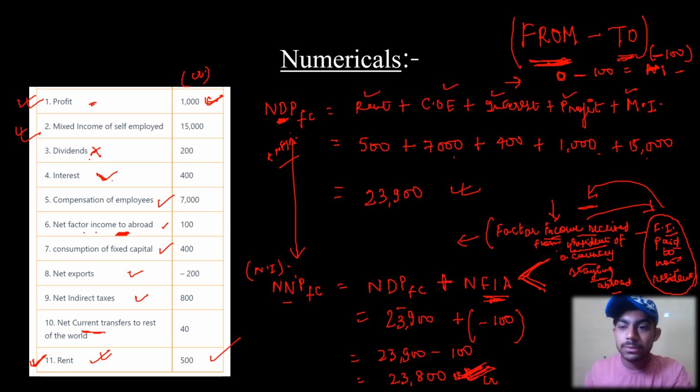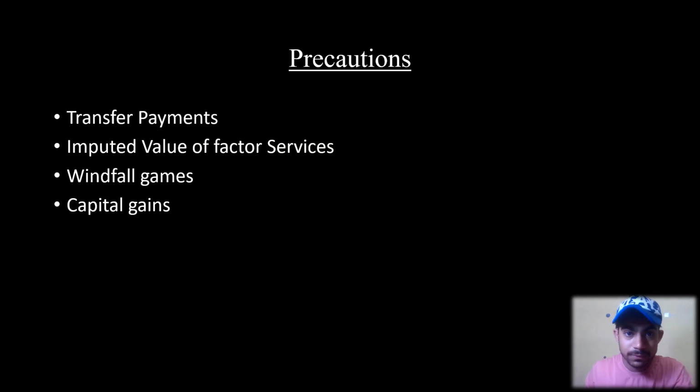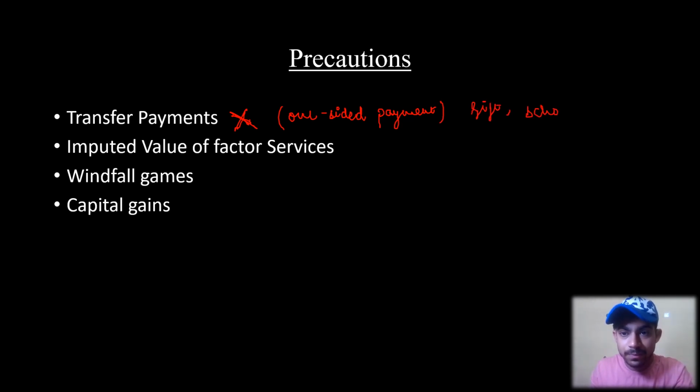Now let's move on to some precautions while using this income method for calculating the national income. Be careful. Transfer payments: we will not consider the transfer payments. Basically, transfer payments are just one-sided payments, for example gift, scholarship and old age pension.